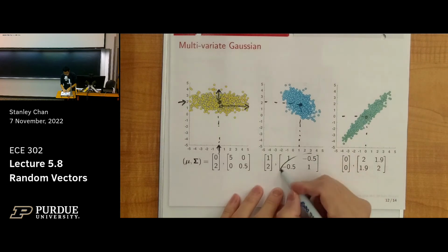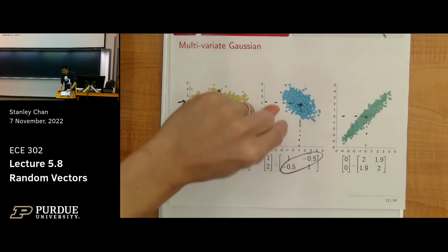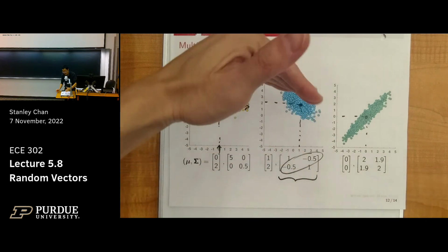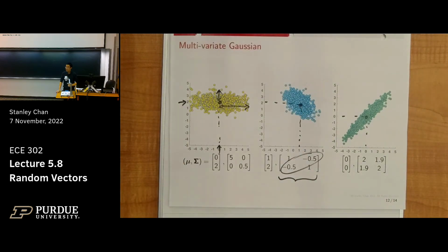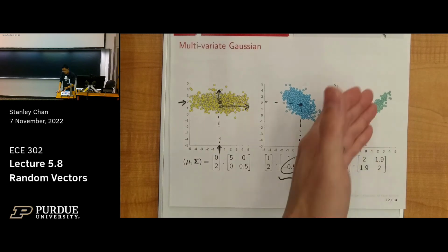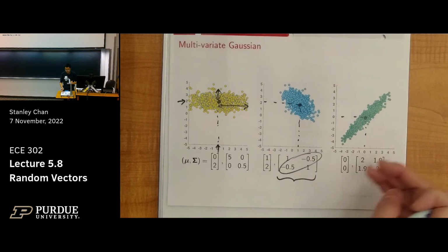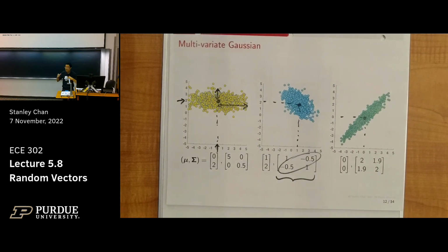So that is the meaning of these two. Now, to convert a covariance matrix to this angle will require some work. So that's not trivial. But I'm just telling you that the diagonal will tell you the magnitude, and then the off diagonal will tell you the angle.